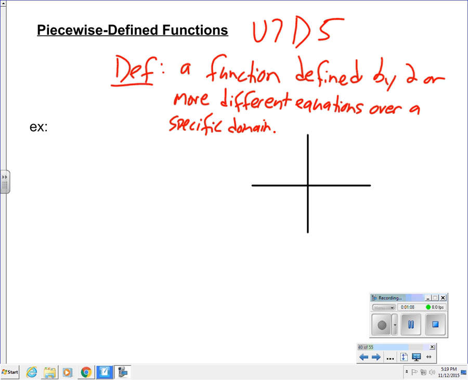So what this basically means is for different values of x, we're going to be evaluating the function differently using a different rule. So here's an example of what a piecewise function looks like. We use this brace and we put all the different equations inside the brace. So all the different rules for functions on different domains will be in there.